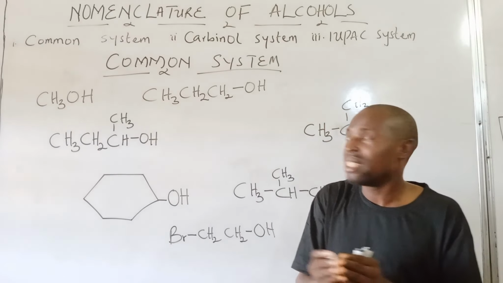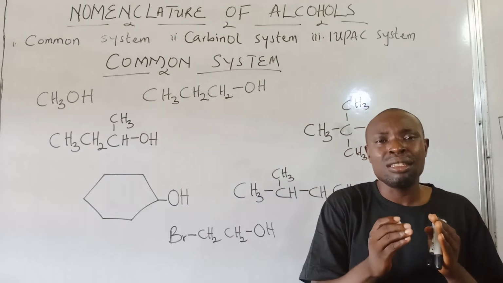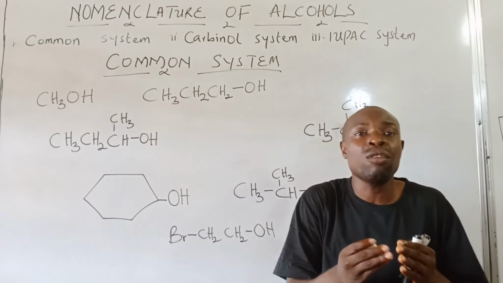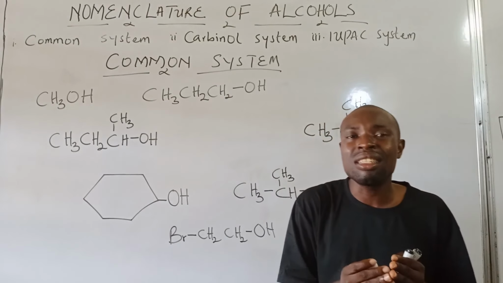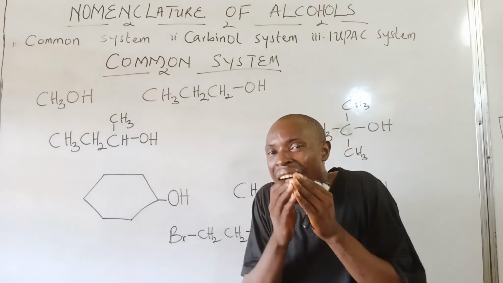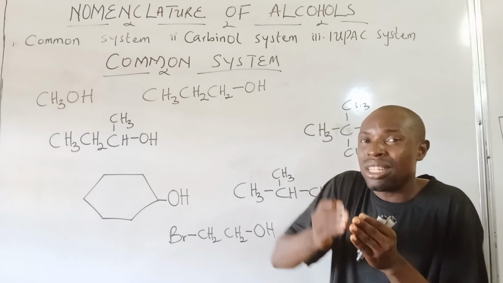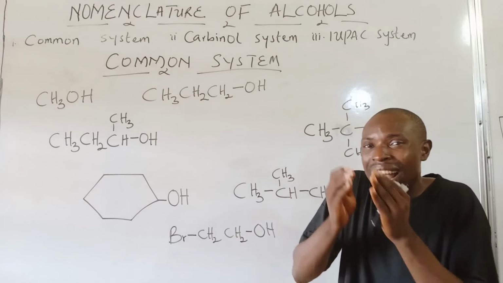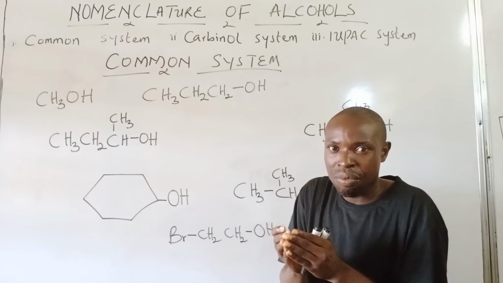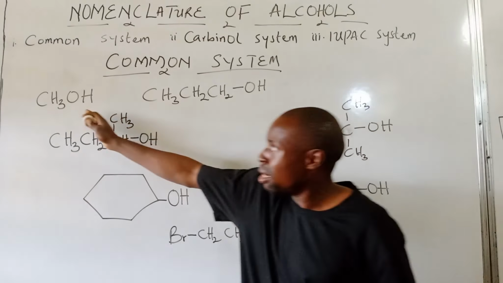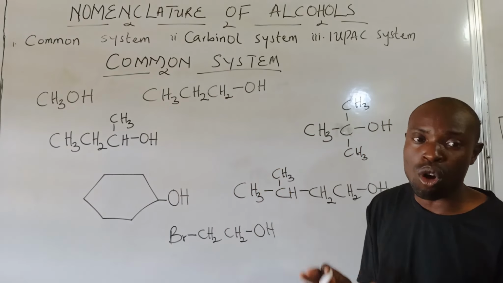Now, the subheading: common system. The common system is one of the simplified versions of the naming of alcohol, in the sense that the alkyl attached to the alcohol is named, while the word alcohol is added separately, as in the case of the first one here. These are the examples we are going to work on.